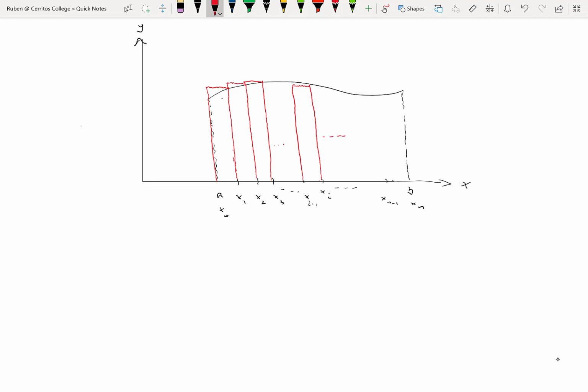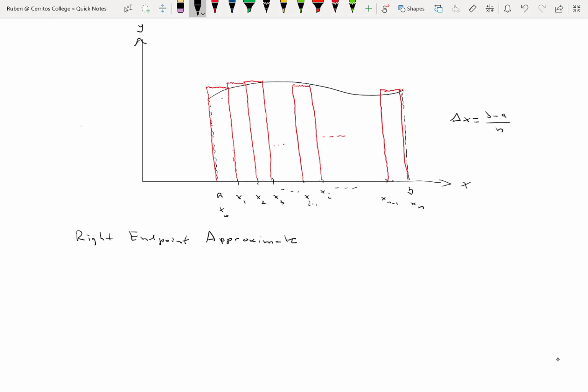At x equals b, on the right in the last subinterval, we go up to the curve and form a rectangle. What we still have is delta x equals b minus a over n. And what we get is something called a right endpoint approximation.